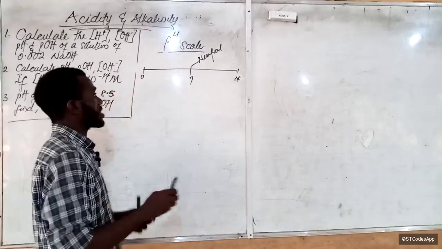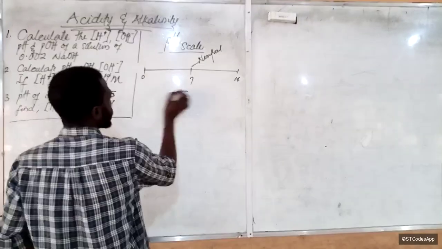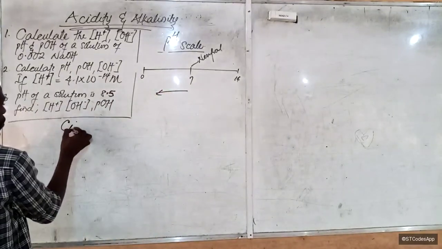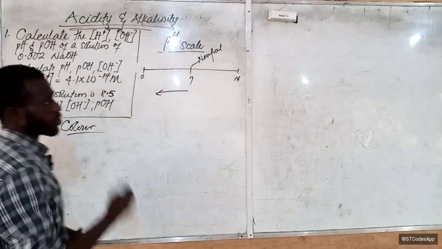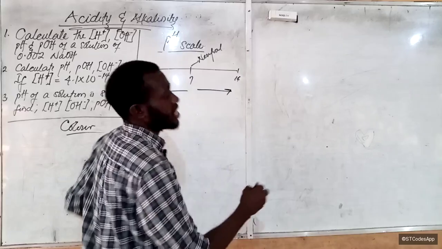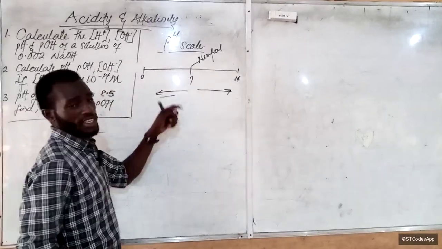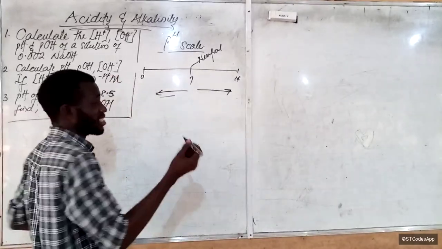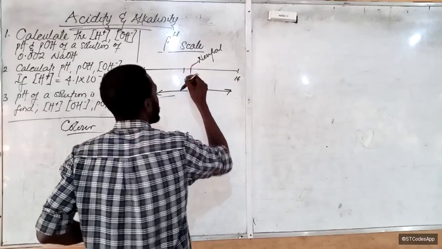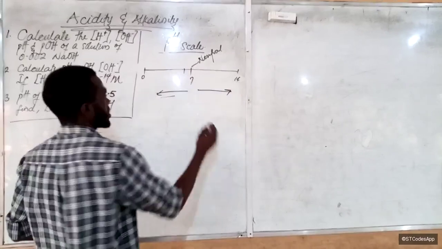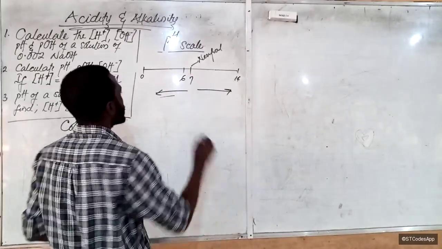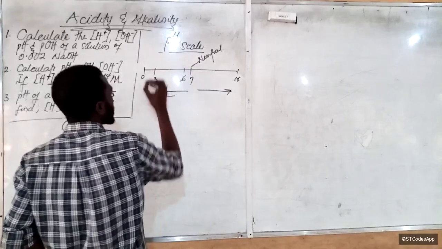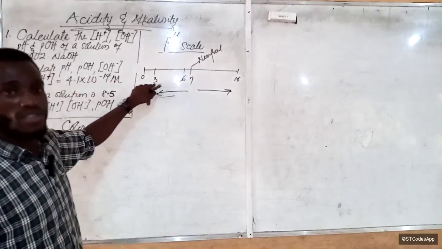Now, this is the way it is read. I'm going to talk about the color gradients in a while, but first I'm going to talk about the way the scale is read. The more you tend towards the leftward direction, the more acidic it is. So a substance having a pH of 6 is not as acidic as another substance having a pH of 3.